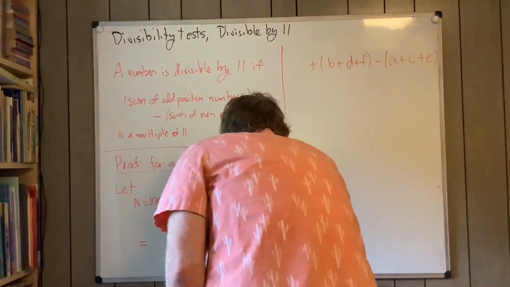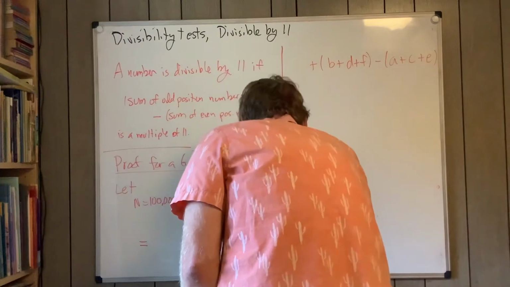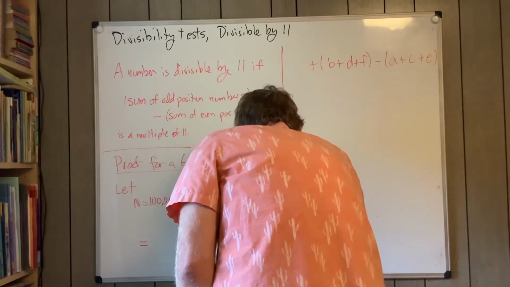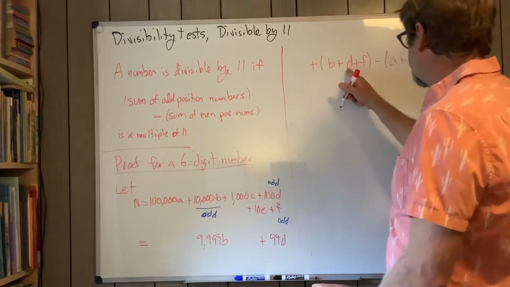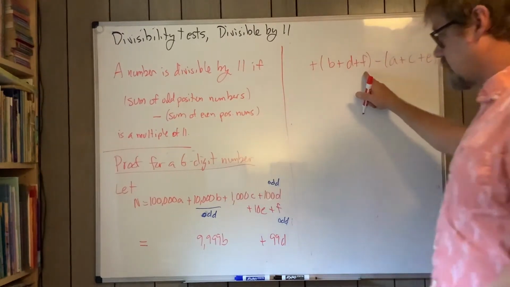I'm also going to have D, where I split one of those as 99D plus D, and then my F goes there.